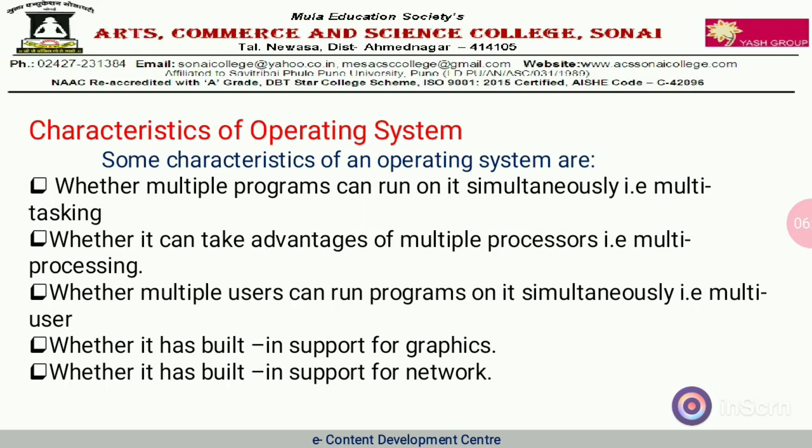Next point is characteristics of operating system. Some of the characteristics of an operating system are: first is multitasking, where multiple programs can run on it simultaneously, that is called multitasking. At the same time we use multiple applications, it is called multitasking.